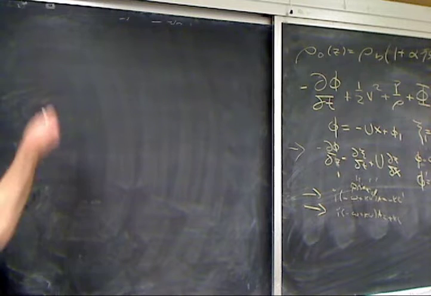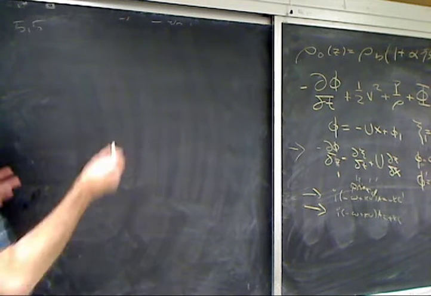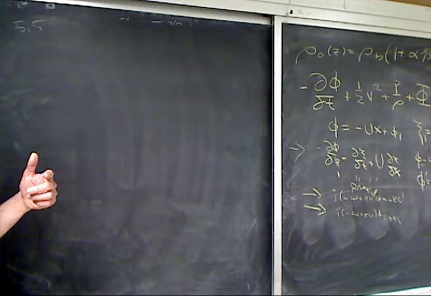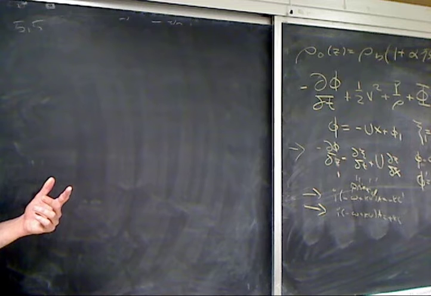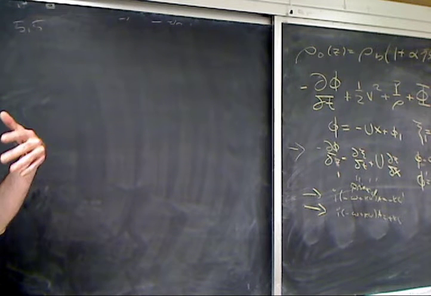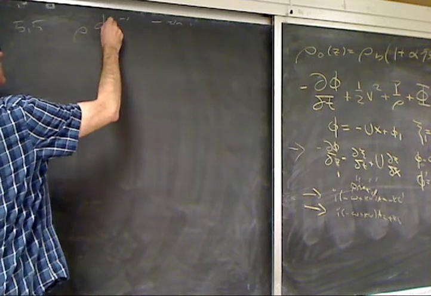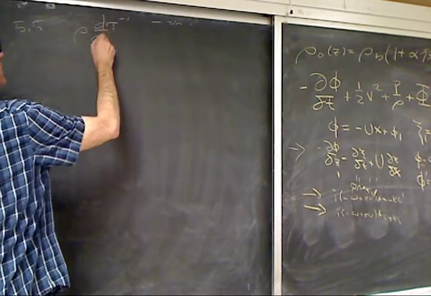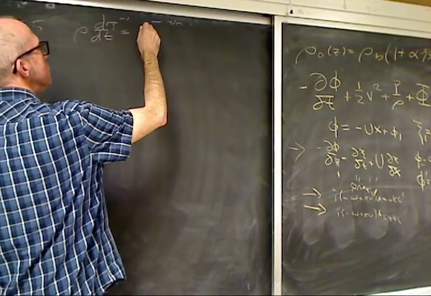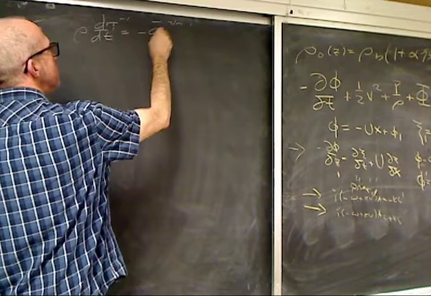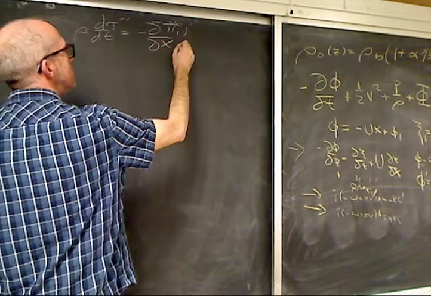Okay, so number 5, 5.5 out of the book, said start with a particular formulation of the Euler, of the Navier-Stokes equation, and show that it looks like something else. So it says start with rho dv_i dt equals negative dP/dx_i minus d Pi_ij dx_j.